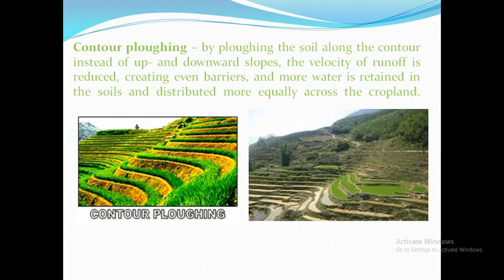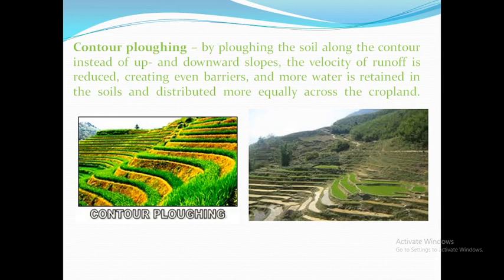And next is contour plowing. Contour plowing, bunding, or farming is the farming practice of planting across a slope following its elevation contour lines. These contour lines create a water break which reduces the formation of rills and gullies during times of heavy water runoff, which is a major cause of soil erosion.